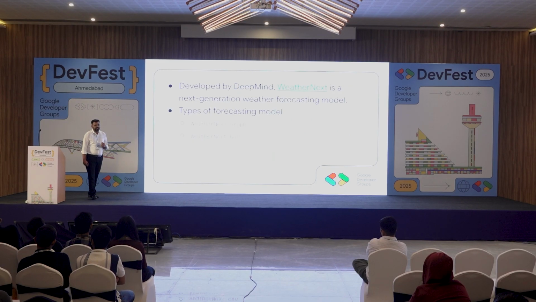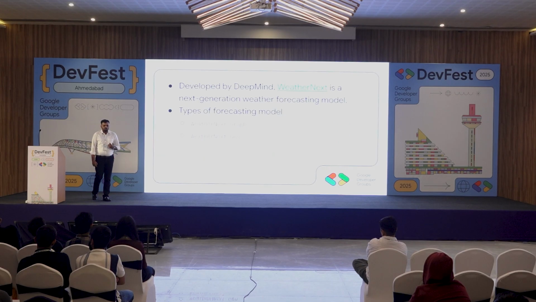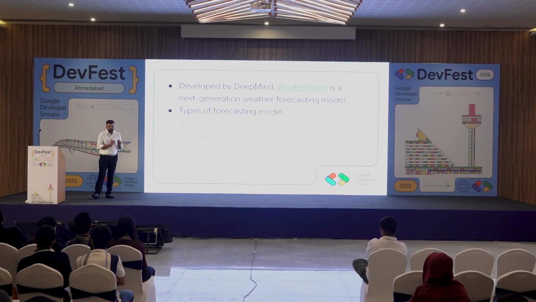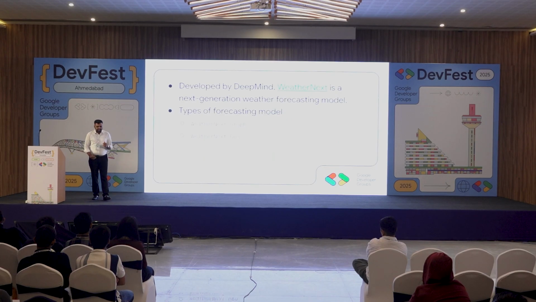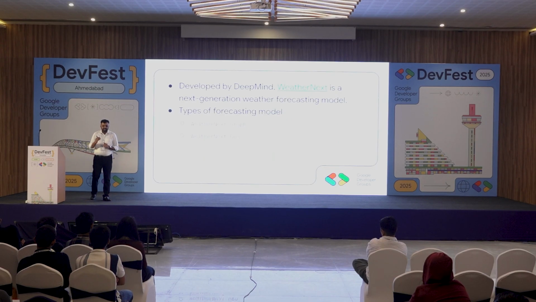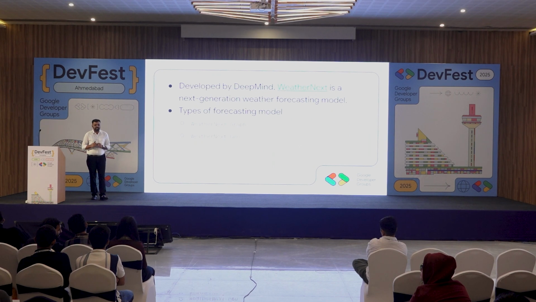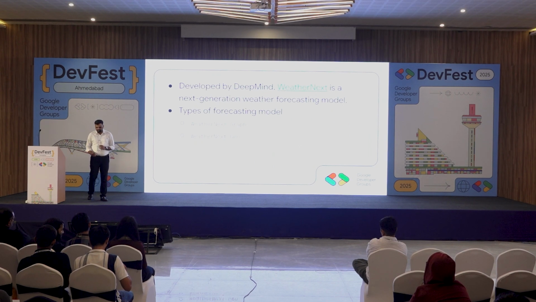WeatherNext Graph predicts one point for a given time, for a given position. Similarly, WeatherNext Gen is an ensemble model which generates 50 points at a time.